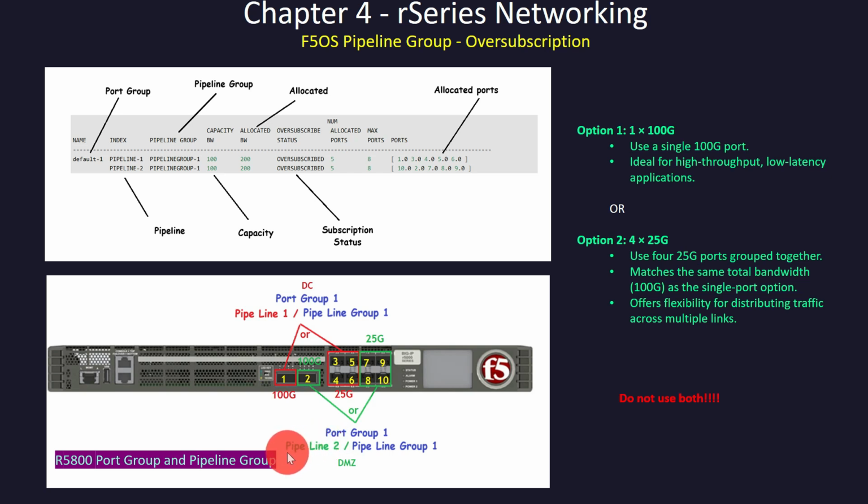Also, they give you 2 choices in pipeline 2. Use port number 2 at 100 gig speed or use port numbers 7 to 10 at 25 gig each. This way we won't end up with oversubscription. An important point to note here is do not use the 100 gig port and all the 25 gig ports together.